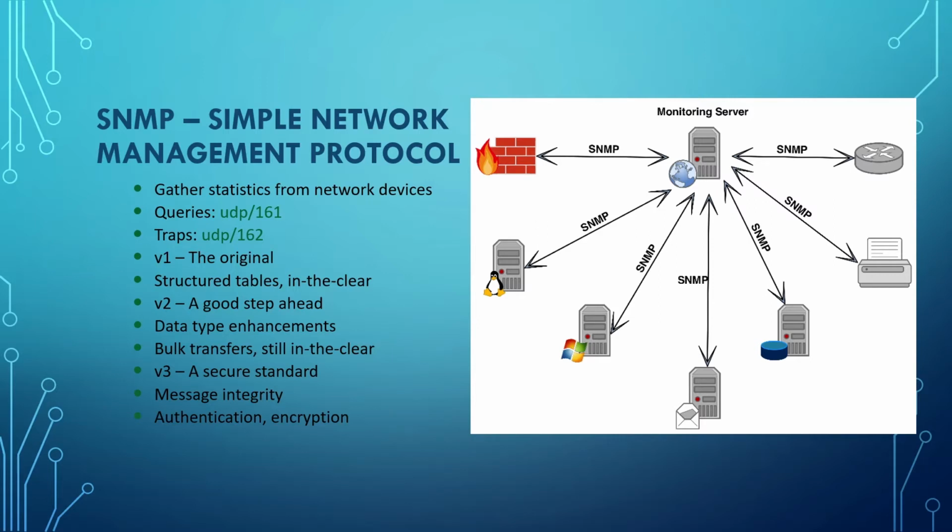And then finally, when they came out with version 3, it was more secure, and it was encrypted, and it required authentication. And so version 3 is the one you want to have for your network most of the time, because it protects vital information about a lot of your devices that are hooked to your network.